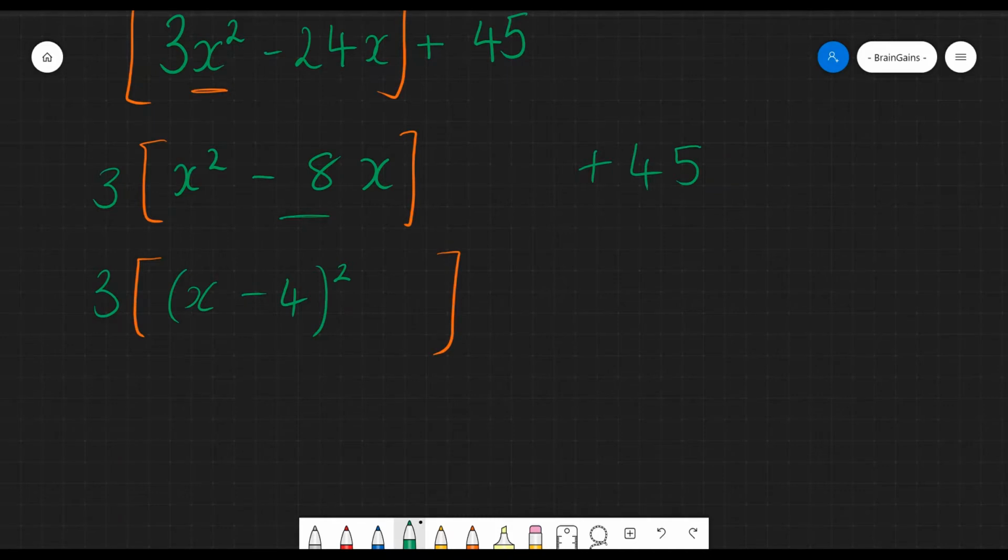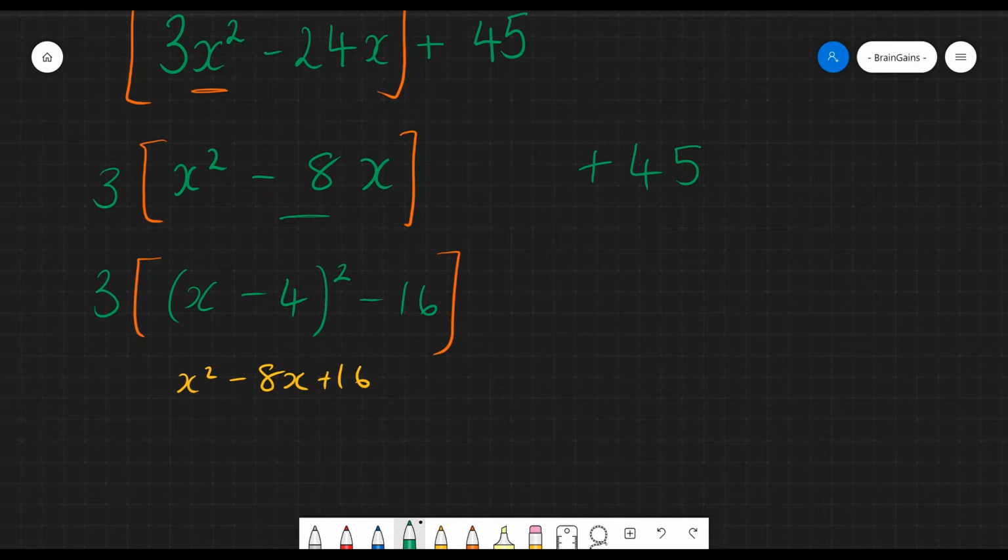Now, just to check what this would be if we expanded our bracket, what you would get is x squared minus 8x plus 16. However, we don't have a 16 in the previous line, which means to account for this extra constant term, we need to subtract 16.